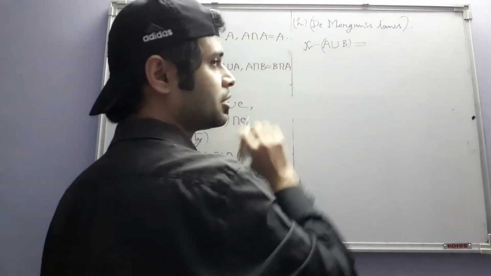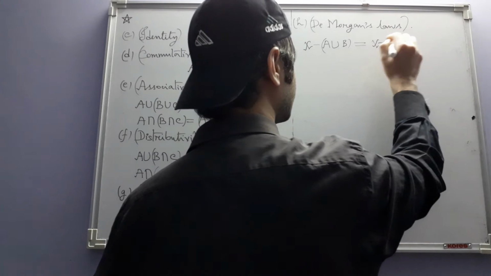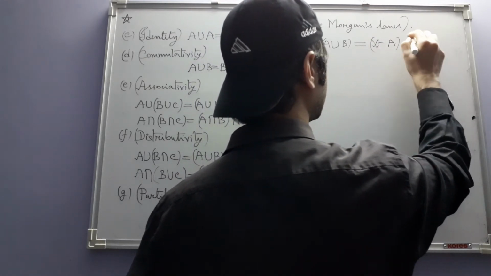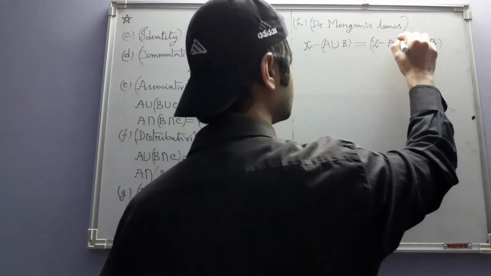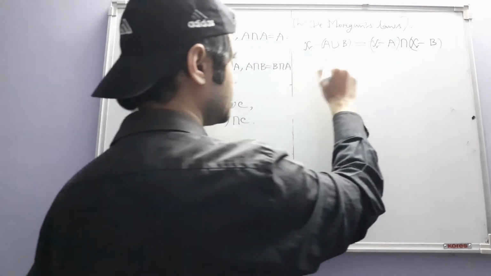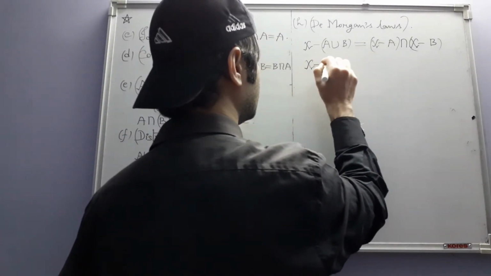So this is the complement of A union B, and the individual complements are X minus A and X minus B. This union becomes intersection. That is one. In the other we just interchange union and intersection.